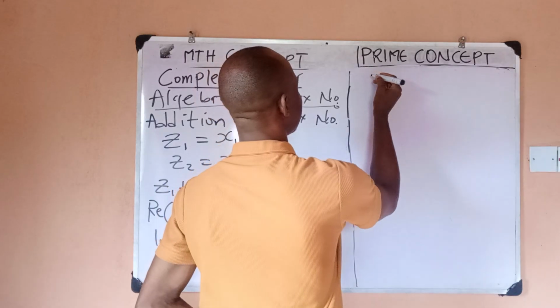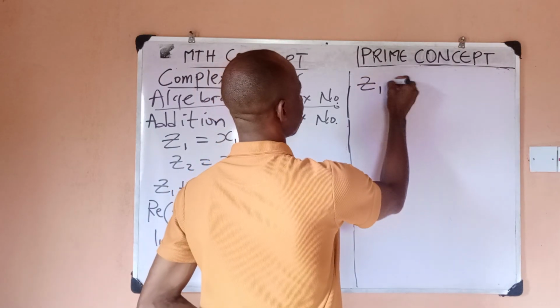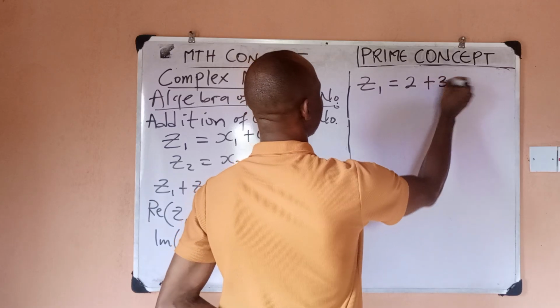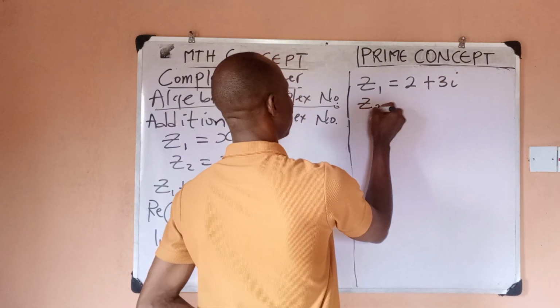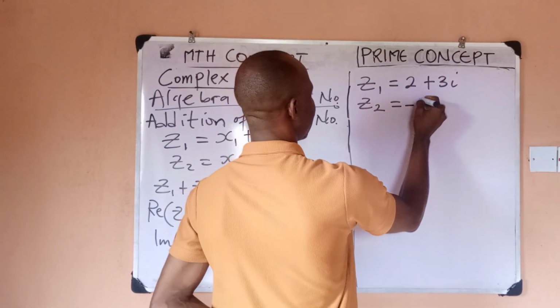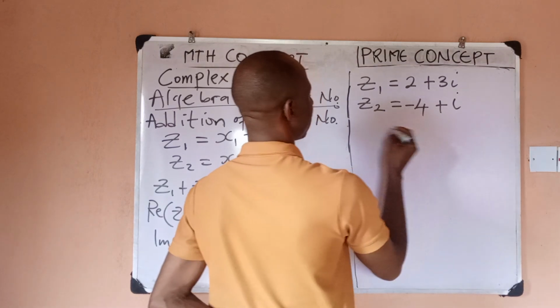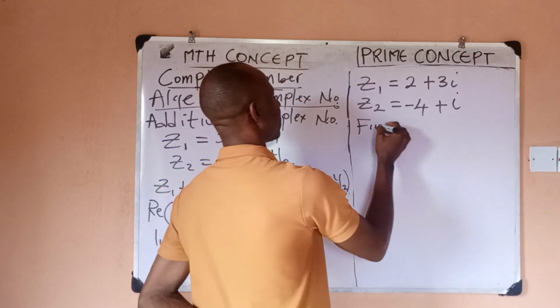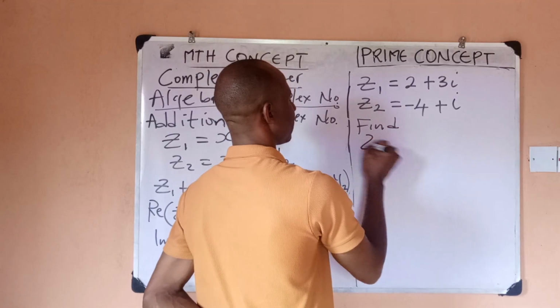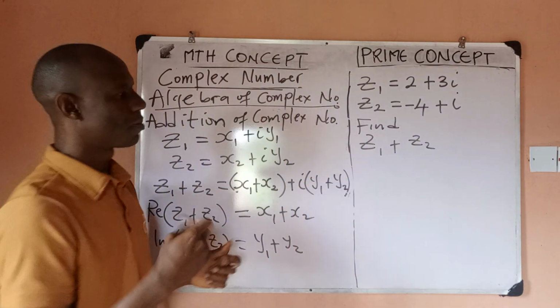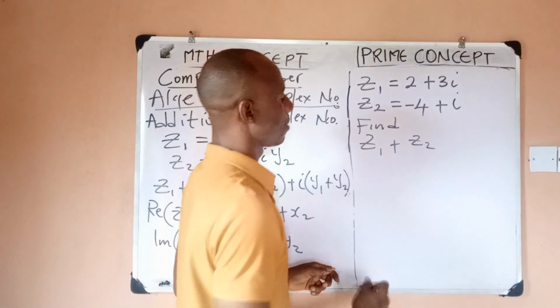So we have, say, z1 equals 2 plus 3i, and z2 equals minus 4 plus i. The question says find z1 plus z2. So we want to add up these two complex numbers.